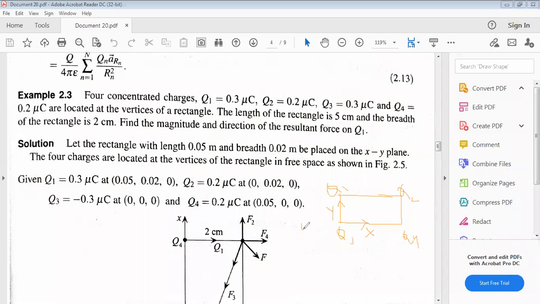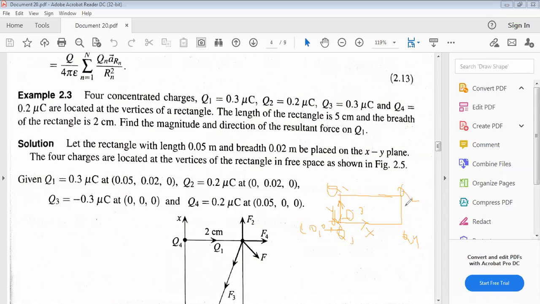This is the point 0, 0, 0. And Q3 is located at minus 0.3 microcoulomb. So see here, the direction from Q3 to Q1 is like this. That's why, from this point of view, it is called minus 0.3 microcoulomb.